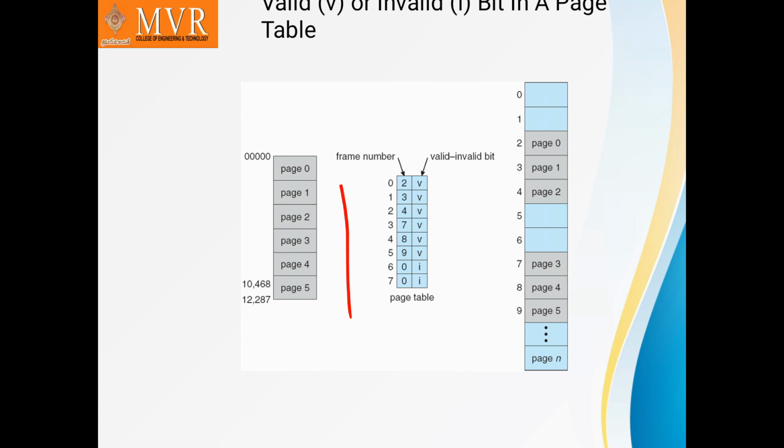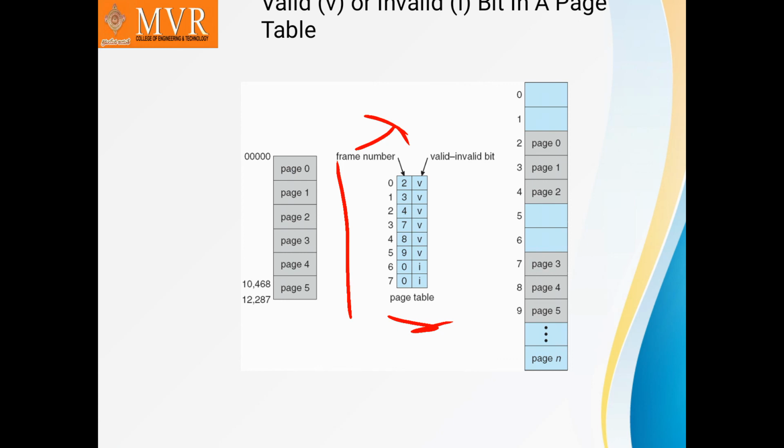See this picture, they have the page numbers of page 0 to page 5. That means it has 6 pages, and the frames in the page table are 0 to 7. It means 8 entries will be taken. The frame number means if the frame is in the page, then it will have a number.